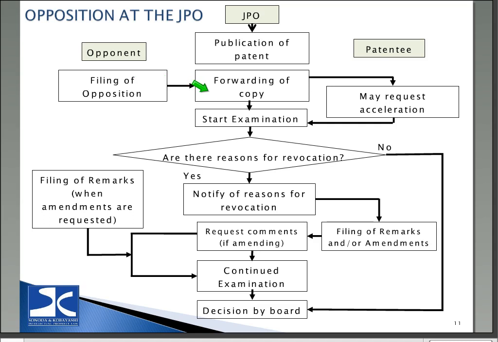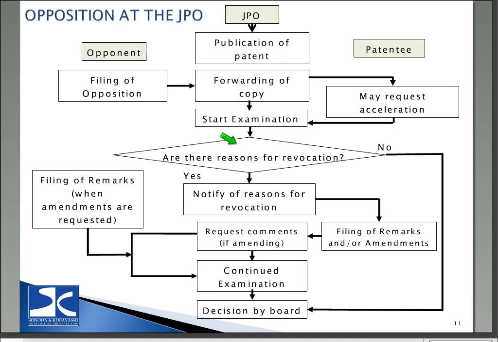But at this moment, the patentee is not even requested to answer, because this opposition is examined by the JPO, the Board of 3 examiners. And here, the board will decide whether there is a real reason for revocation or not.